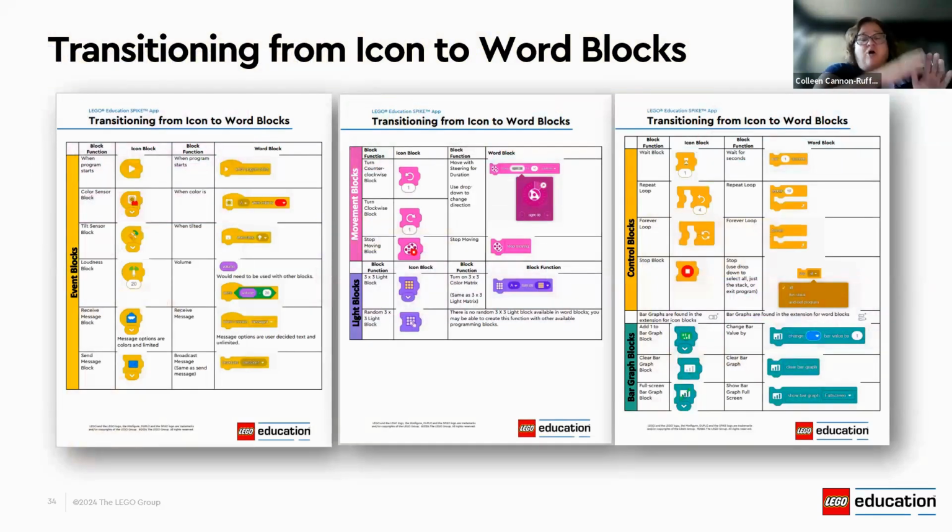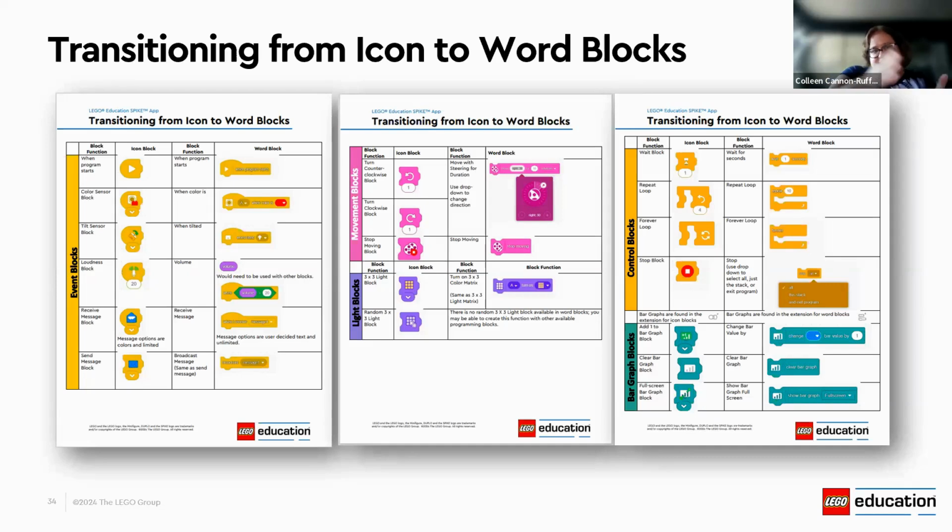So hopefully you've seen that we've built some differentiation into the lesson already through the design of our lessons. But in addition to what we've done within our app and within our lessons, we also at LEGO Education are always striving to develop new resources to help our students. This is one that one of my amazing colleagues, Dr. Leanna Prater, developed.